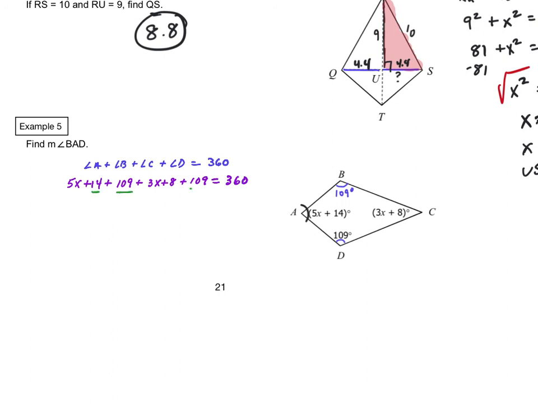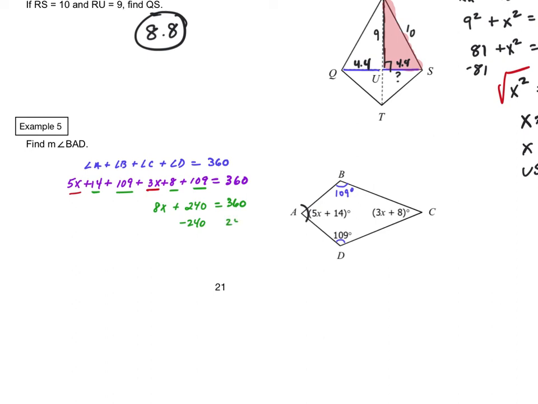I can combine all my numbers, which will be 117 plus 109 plus 14. So all our numbers should add up to 240. And then my variables, I have 3x and 5x, so that is going to be 8x.